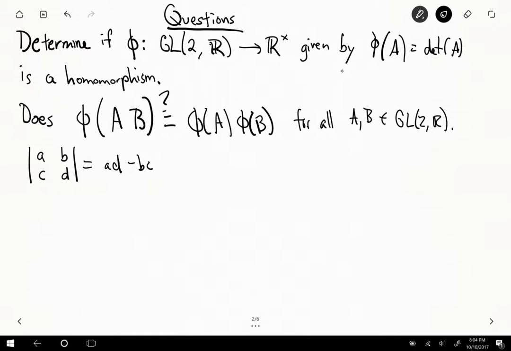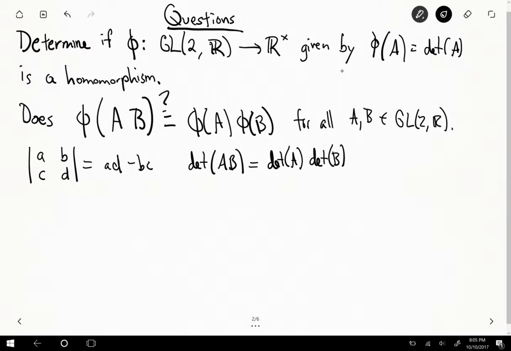But what we have at the end of the day is a nice little factoid that the determinant of the multiplication of two matrices always equals the determinant of A times the determinant of B. You can just set any two matrices in, and you can see that this property holds. So with that in mind, let's take a look at if this actually works.